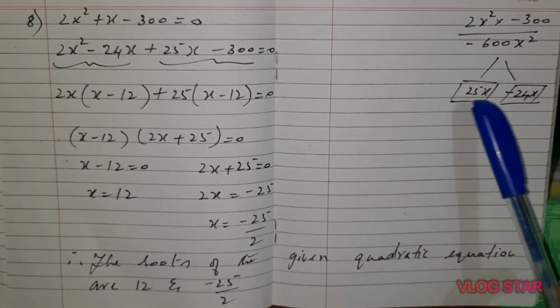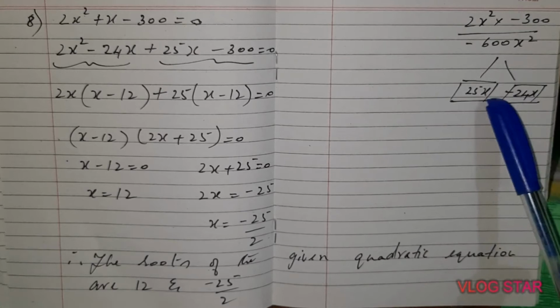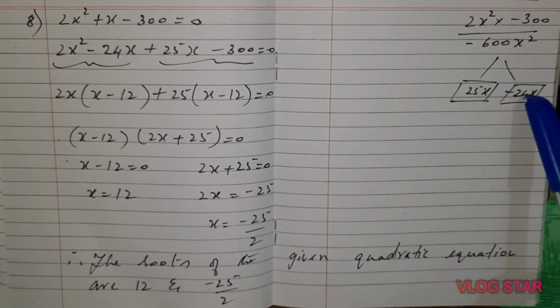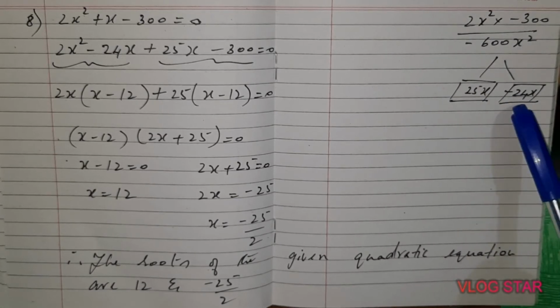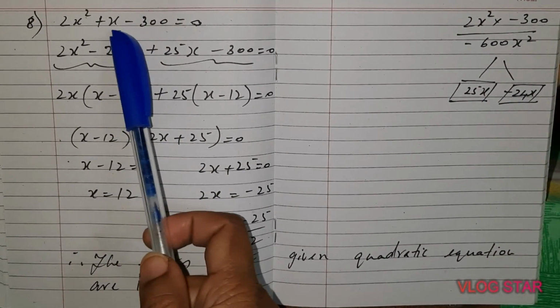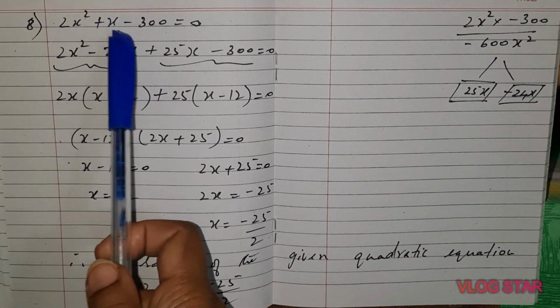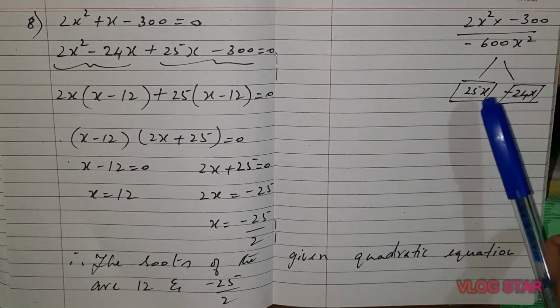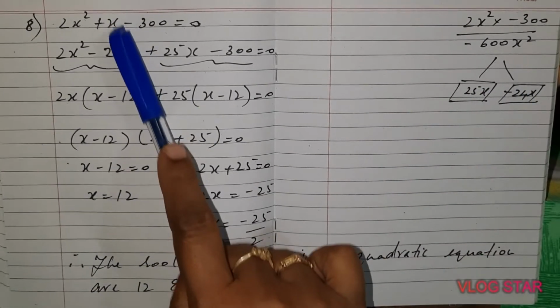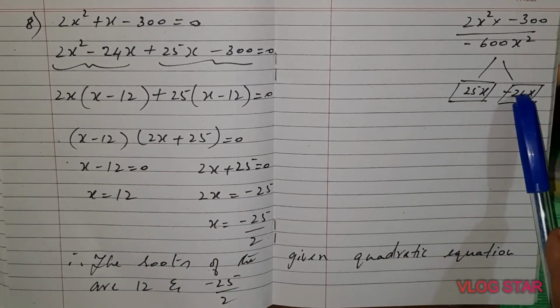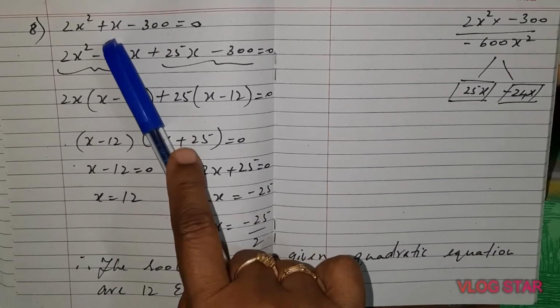So what we must do is take any two numbers in such a way that when you multiply those two numbers, you must get 600. When you add or subtract those two numbers, we must get the center number. What do you have in the center? 1x. So if you take 25x and 24x, when you subtract this, you will get plus 1x. 25x − 24x will be 1x.